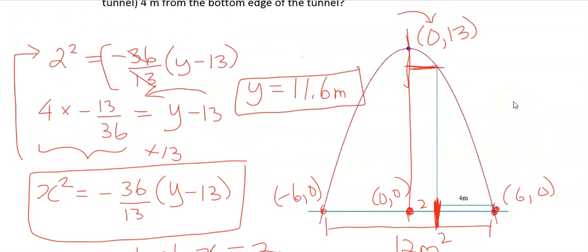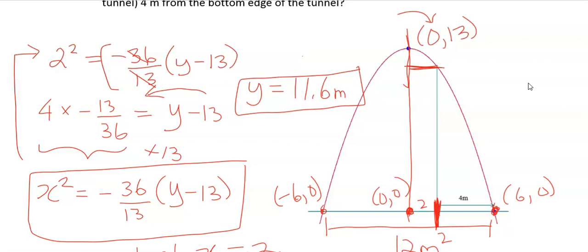Now look at your diagram. Do you think that's logical? Do you think that makes sense? Is 11.6 a reasonable answer for this question? Well, remember, the maximum height of the tunnel was 13 meters. 2 meters is not that far. I know it's a little bit distant, but it's not that far from where the center of the tunnel is, and that's where the maximum height occurs.